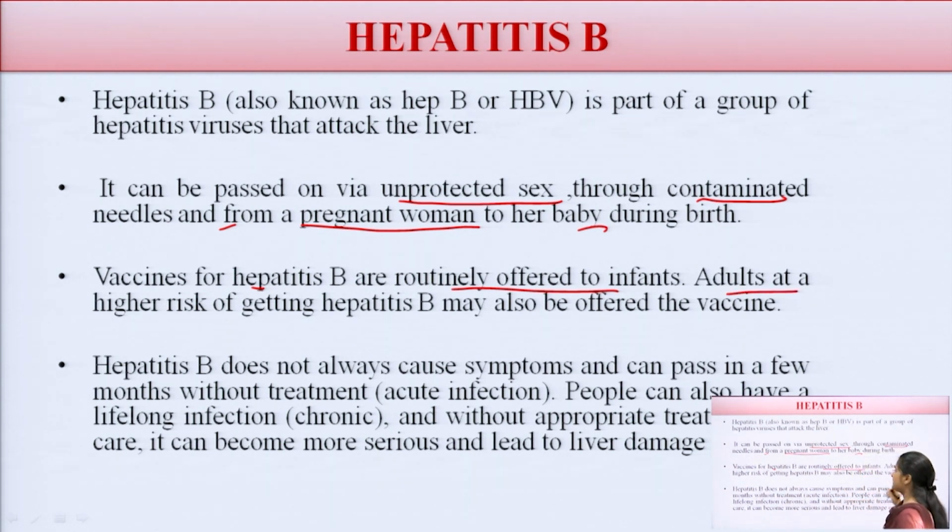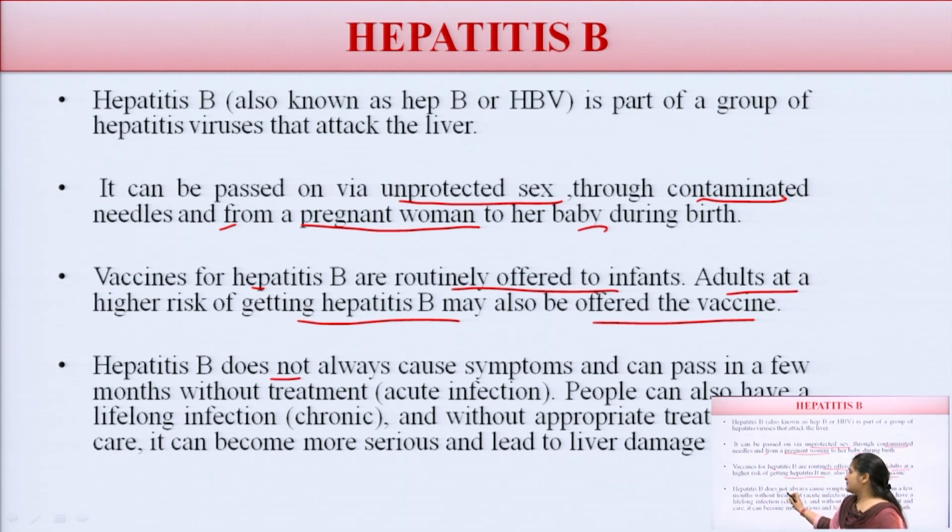Now adults who have a higher risk of getting hepatitis B may also be offered vaccination against this virus. Hepatitis B does not always cause symptoms and can pass in a few months without any treatment, that is an acute infection. People can have a lifelong infection, that is chronic, and without appropriate treatment it can become more serious.